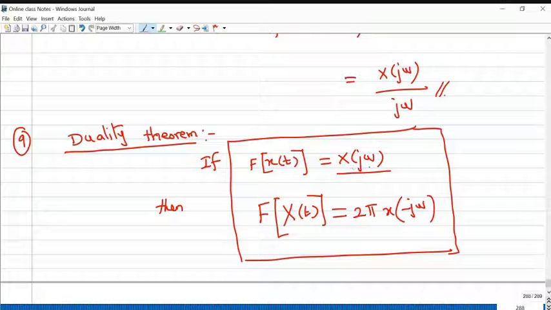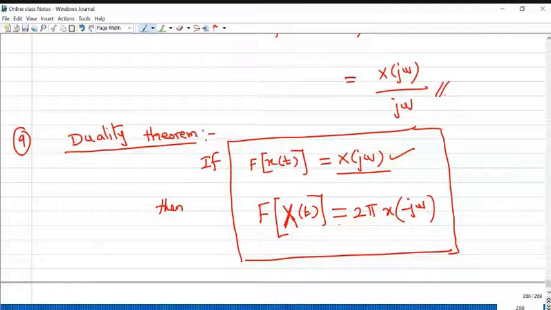x of t, capital X of j omega. If you find the Fourier transform of capital X of t, that means whatever answer we got here, in this answer, the Fourier transform of x of t for some signal, all the j omega is replaced by t.